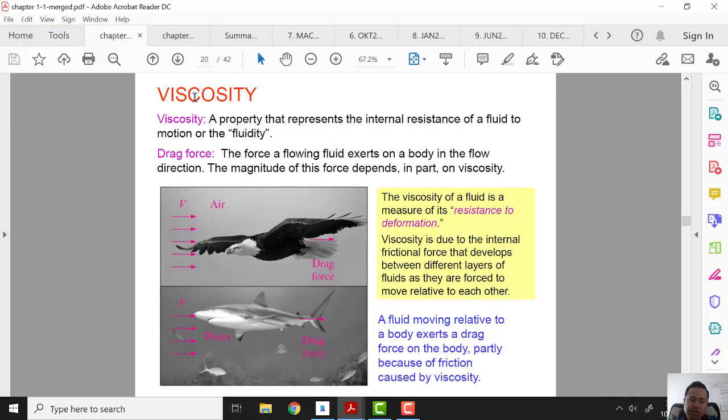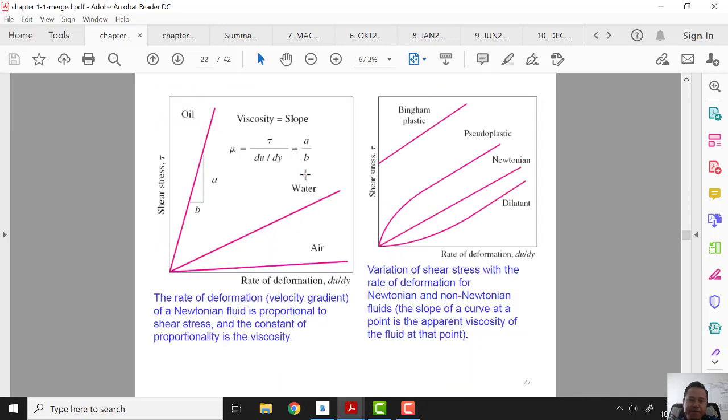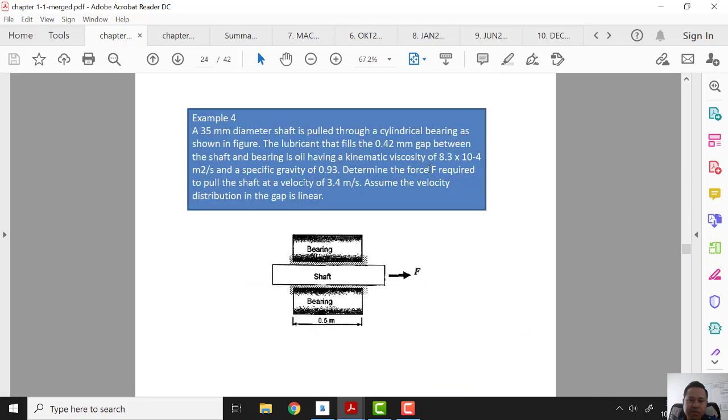The specific gravity of the oil is 0.93. Determine the force F required to pull the shaft at a velocity of 3.4 meter per second, assuming the velocity distribution in the gap is linear.